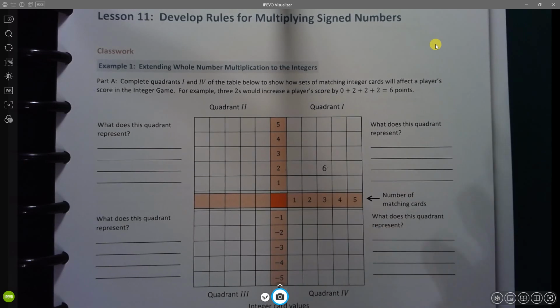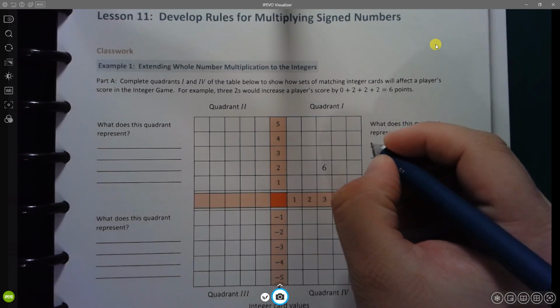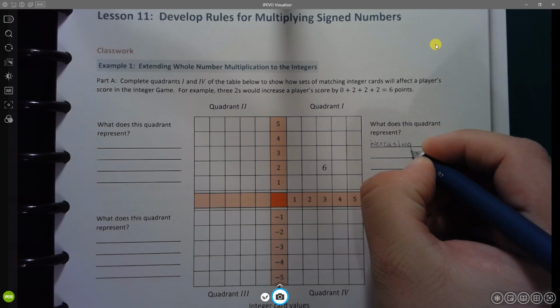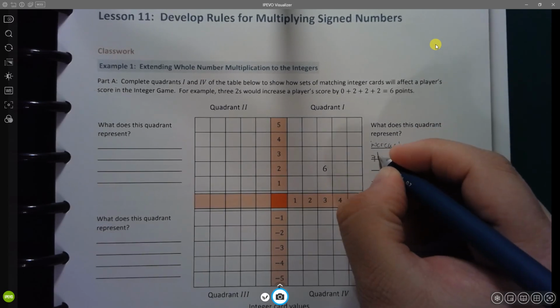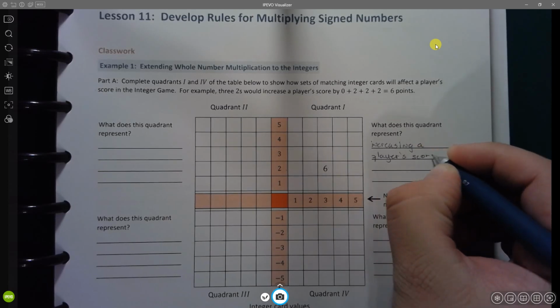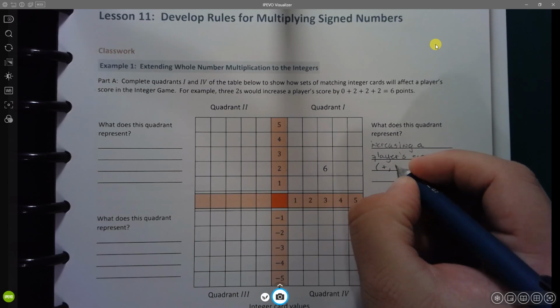So this quadrant represents increasing a player's score, because this is a positive and a positive number.